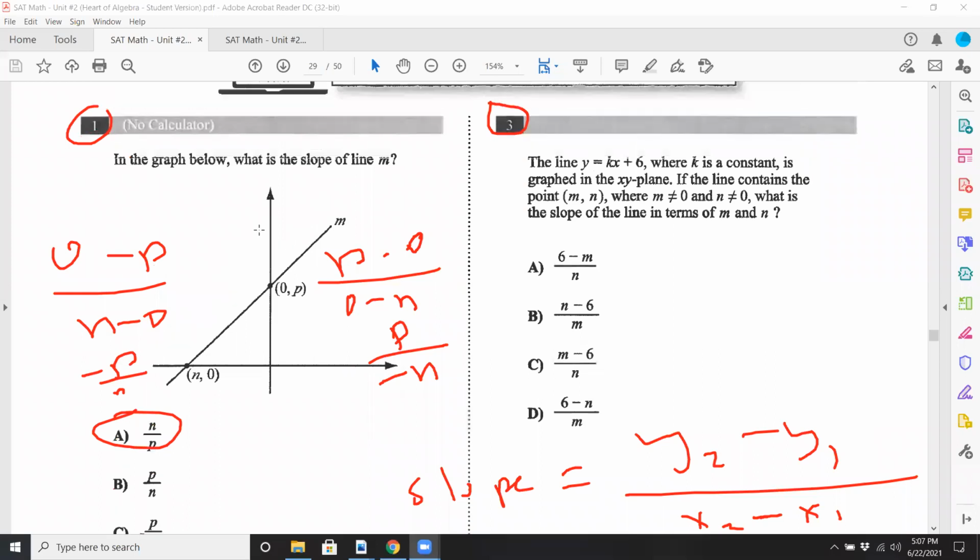Now for 3, what's the y-intercept here? 0, 6, right? So you're going to use 0, 6. That's how you have to think a little bit outside the box. And then m comma n, because they told you that. And they want the slope. So you're just going to subtract the y's and subtract the x's.